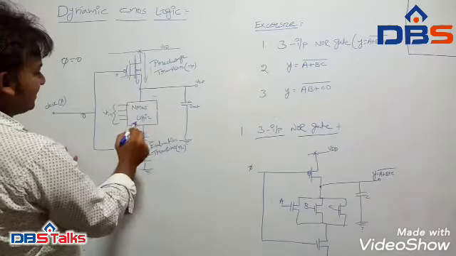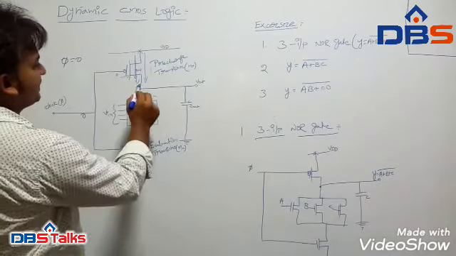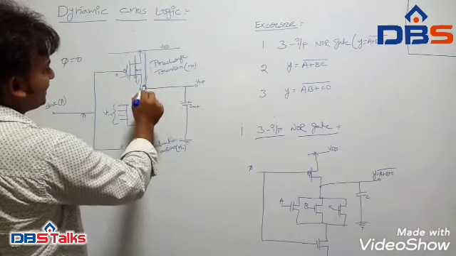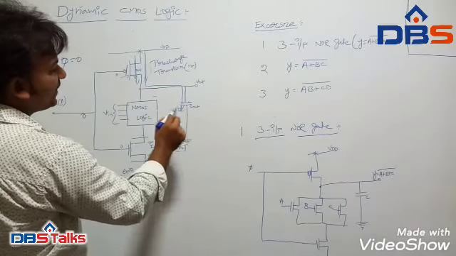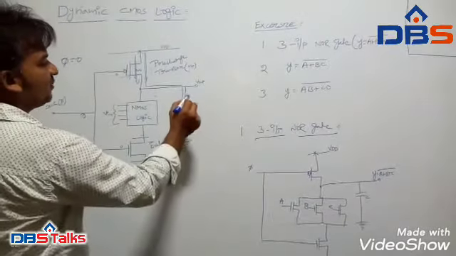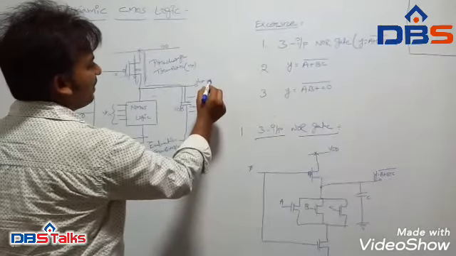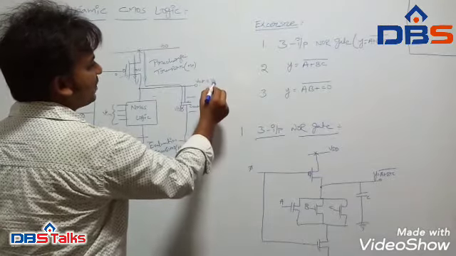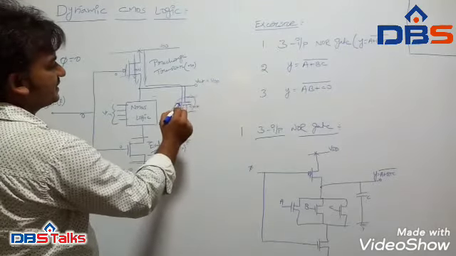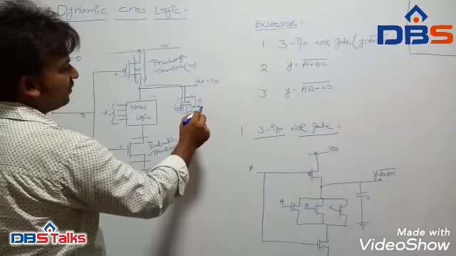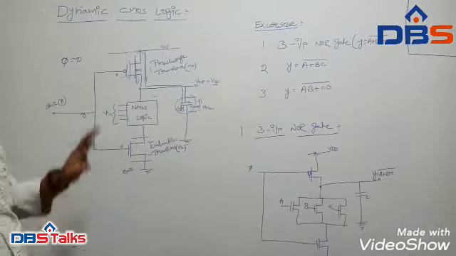Then, through this path, the capacitor charges up to VDD. The voltage across Cout is Vout, so Vout is equal to VDD.